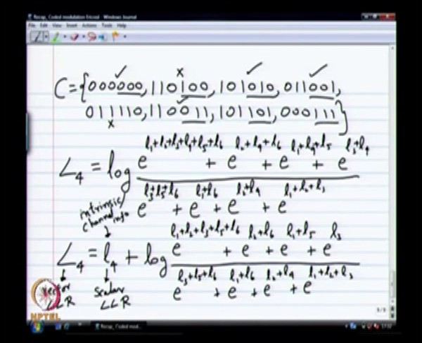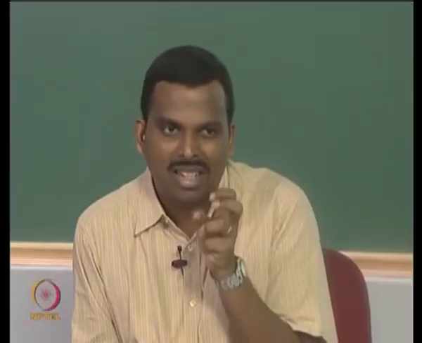In fact, L4 has nothing to do with the code itself. You are looking at R4 and computing the likelihood for C4 without taking into account the coding at all. So, it is just intrinsic to that channel, whatever the channel is telling you about C4. At that point you are only using the channel information. Likewise, you have all the small l's, which are all intrinsic channel informations about each of those bits.